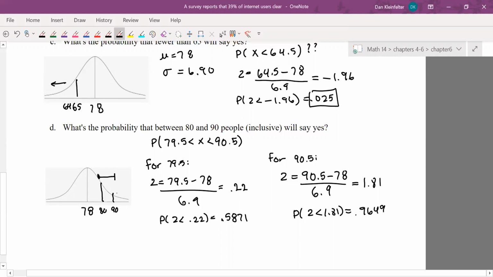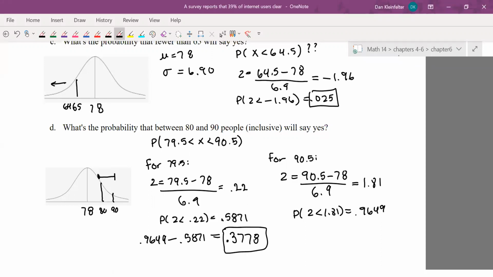Then we want the area of that strip, basically, and so that will be the difference of these two. That works out to be about 0.3778, and that's our final answer to that question.